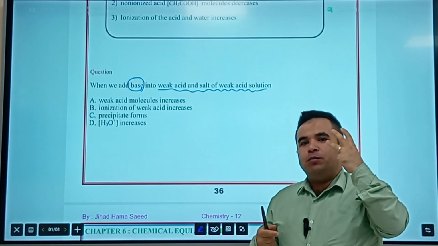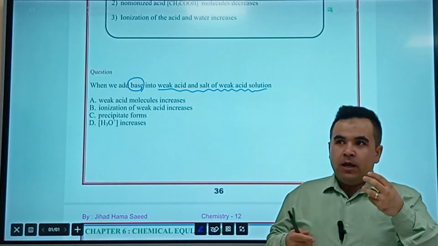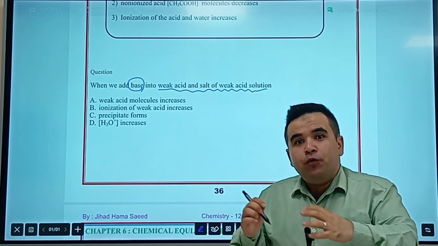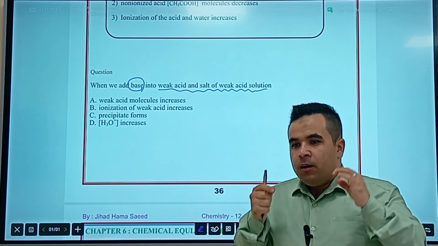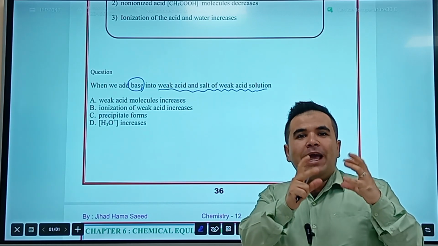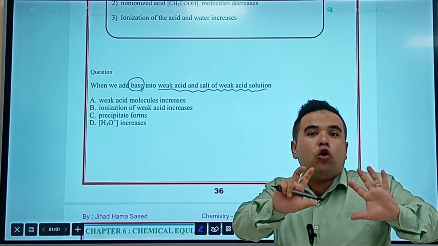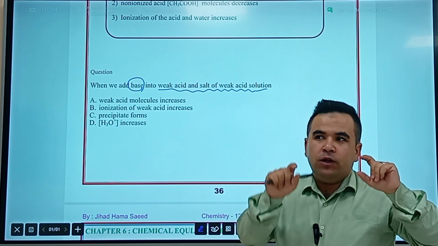Always in a buffer there should be three components. Buffer with the common ion, somehow they are close to each other. But the only difference is that in common ion, the weak acid or the weak base is with the salt. They have a common ion in between.